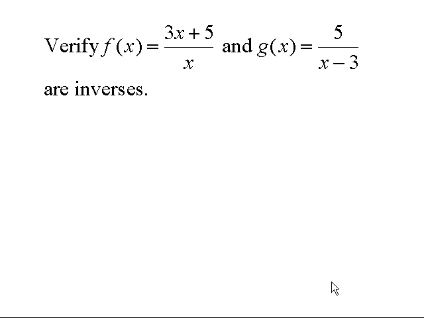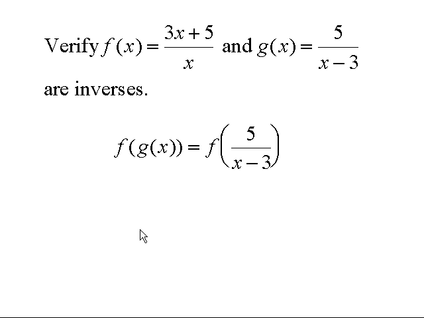We have to have f composed with g of x be x. So f composed with g of x, as it's given, would be, well, let's do it. g of x is 5 over x minus 3. So f of g of x is f of that expression.